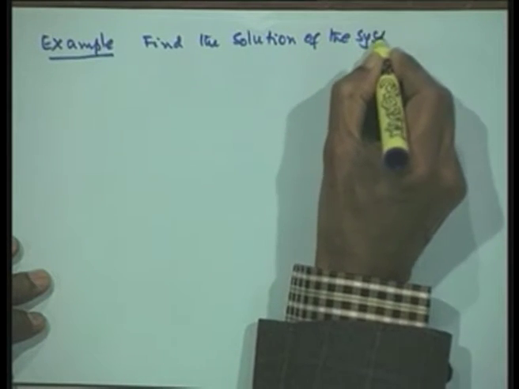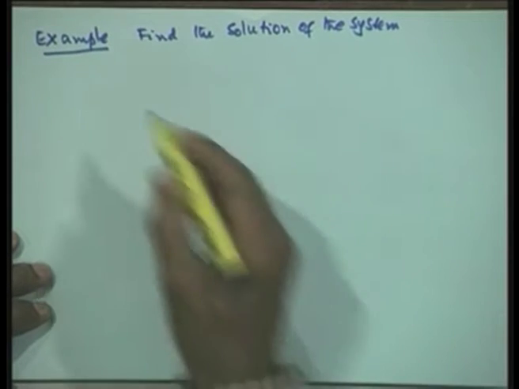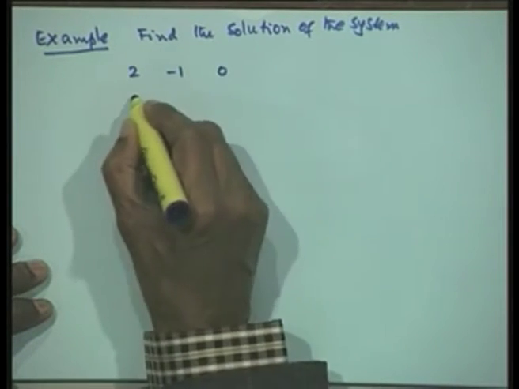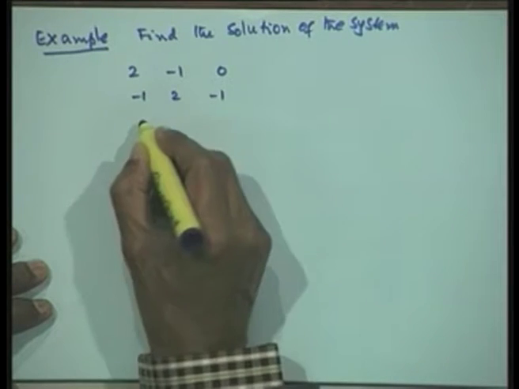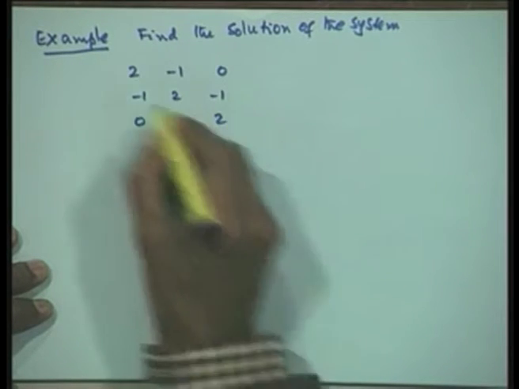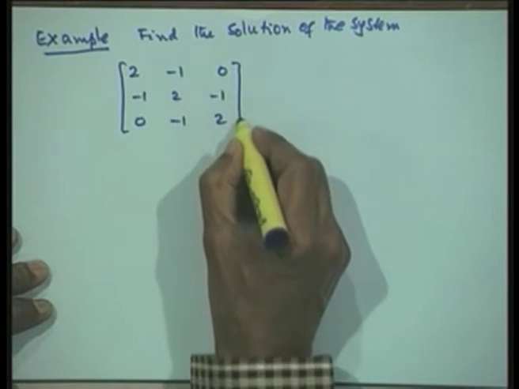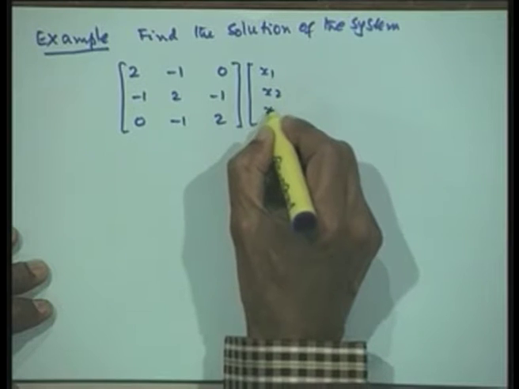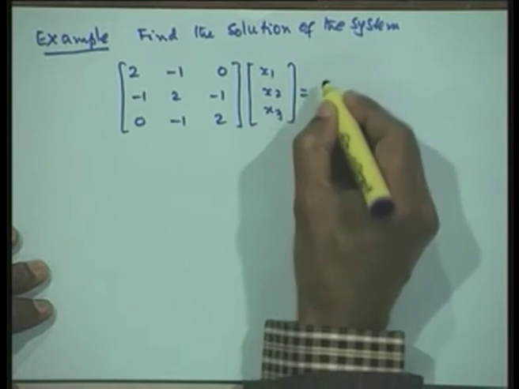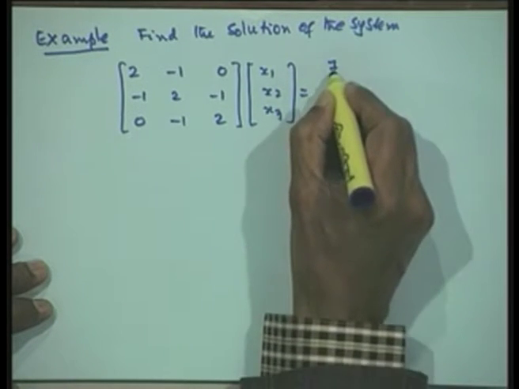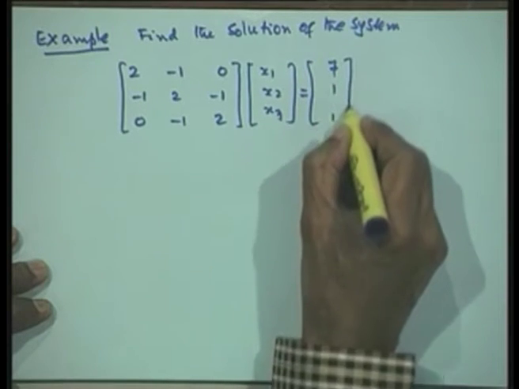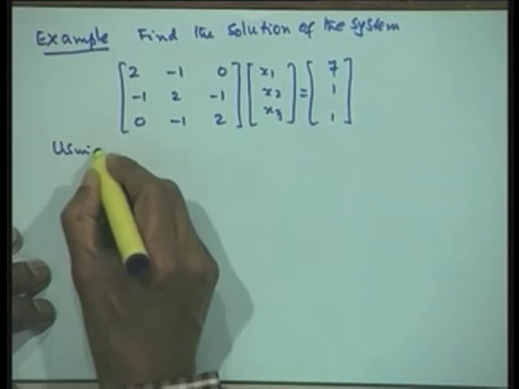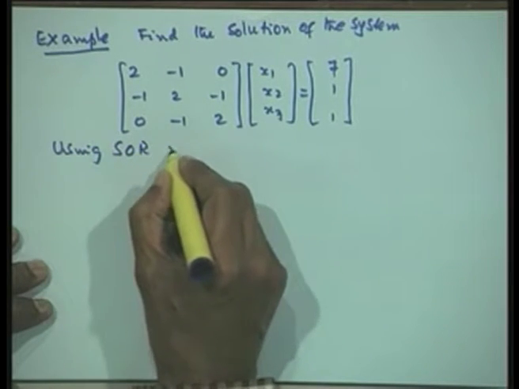Let me take a simple example: the matrix 2 minus 1 0, minus 1 2 minus 1, 0 minus 1 2, times x1 x2 x3, equal to 7 1 1, using the SOR method.